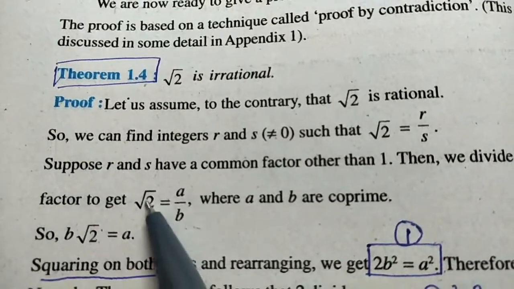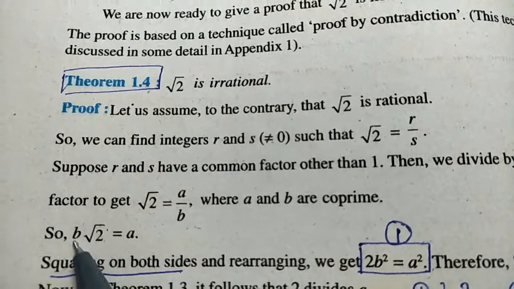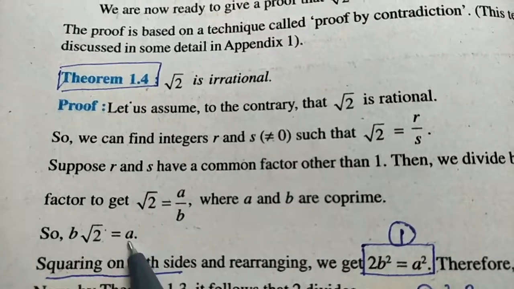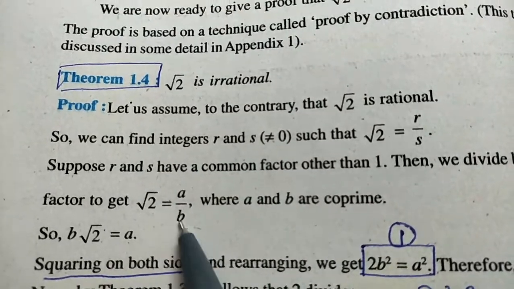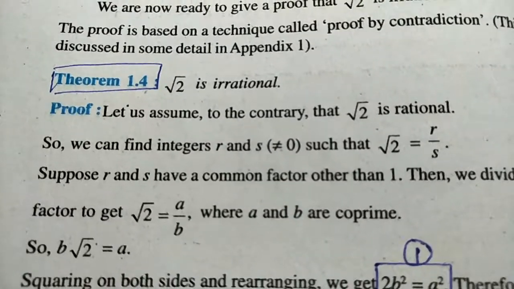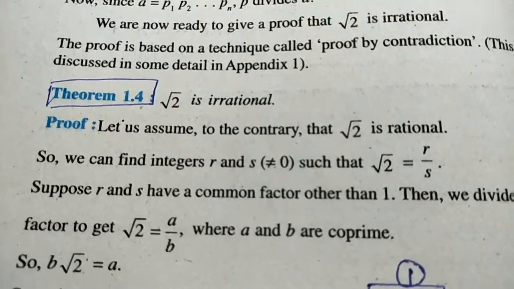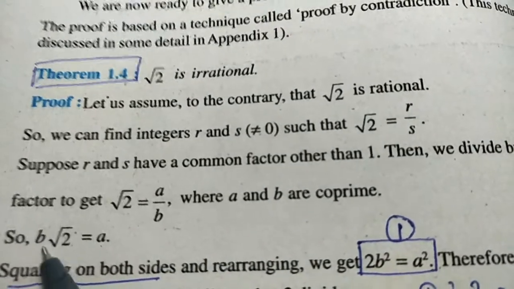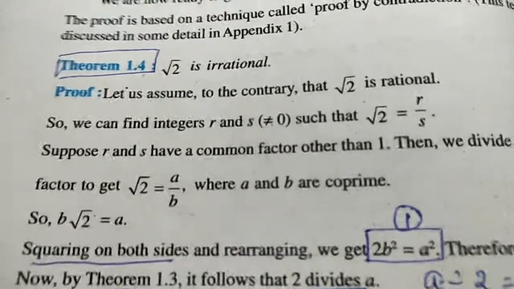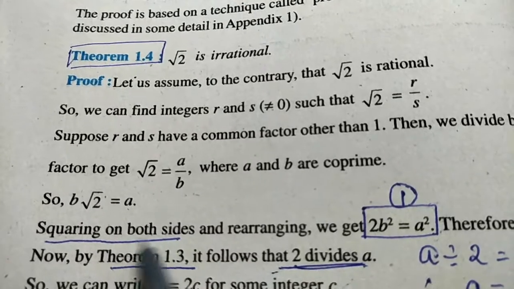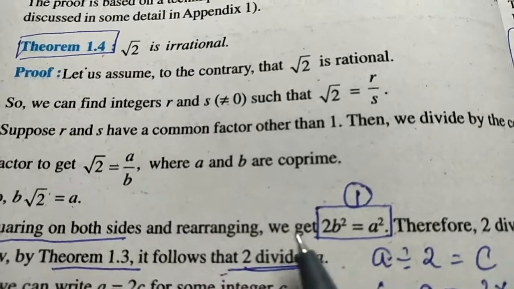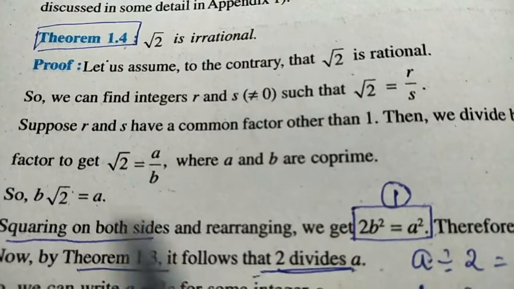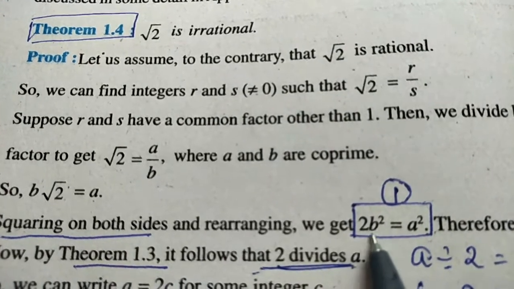So when you cross multiply this, we get b root 2 is equal to a. Now squaring on both the sides and rearranging, we get 2b square.